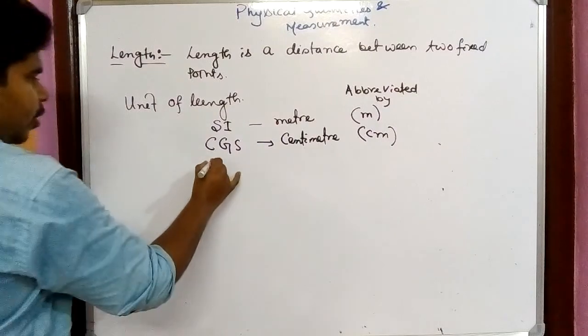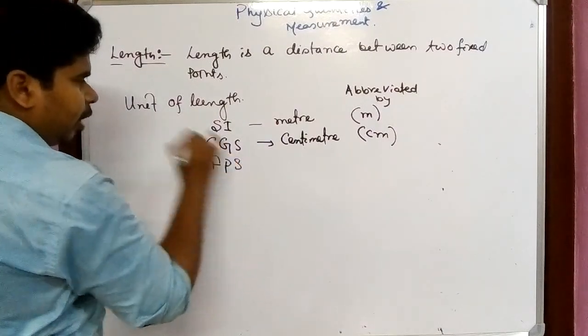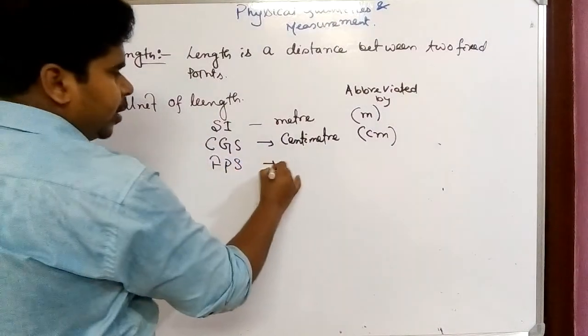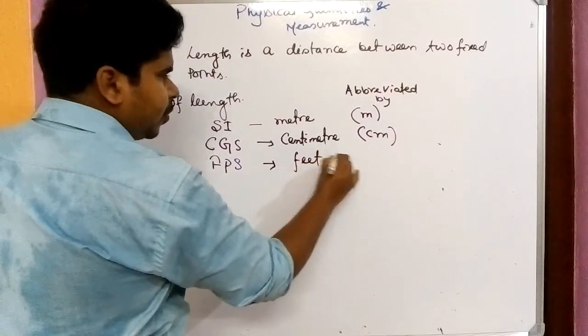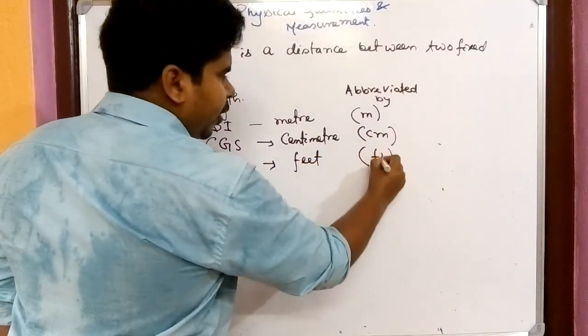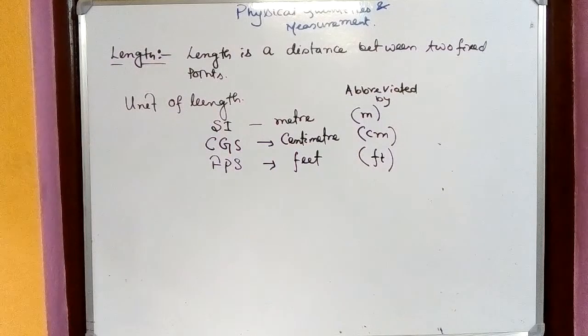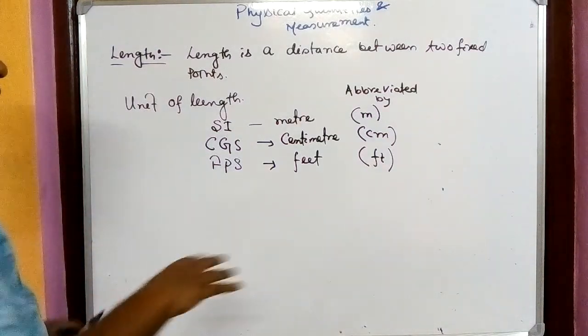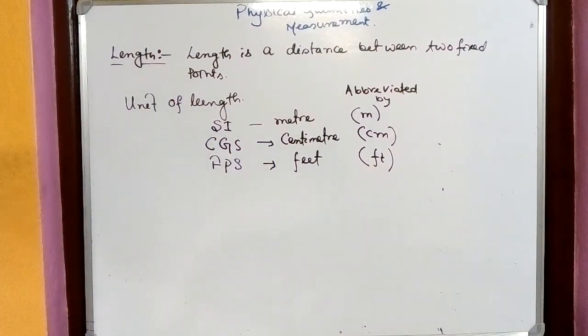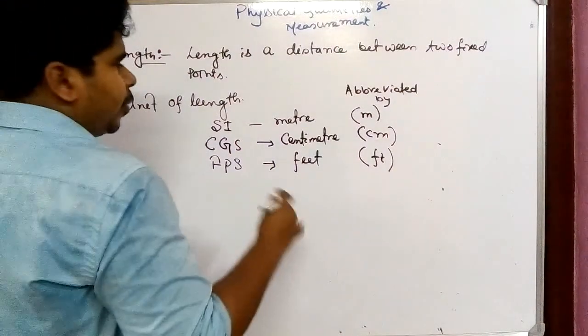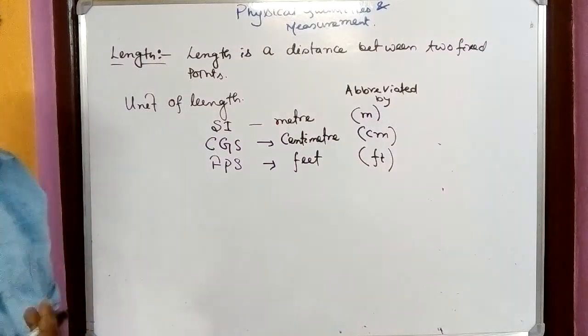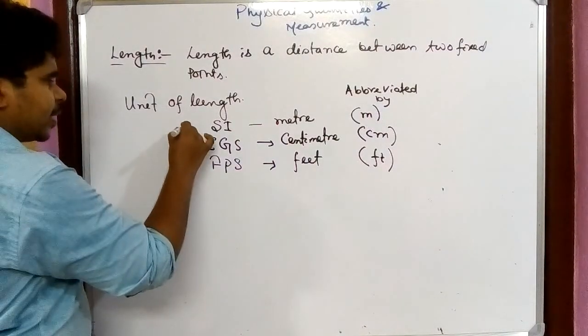And the FPS unit system uses feet, which is abbreviated by small f t. So these are the units of length. Now we have to find a little bit of relation between them. The main unit system we generally use is SI.